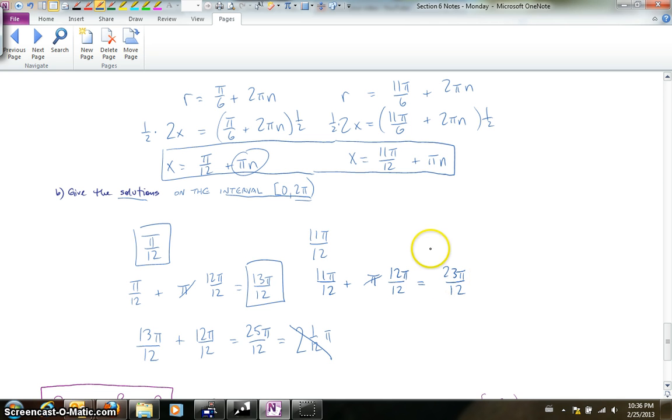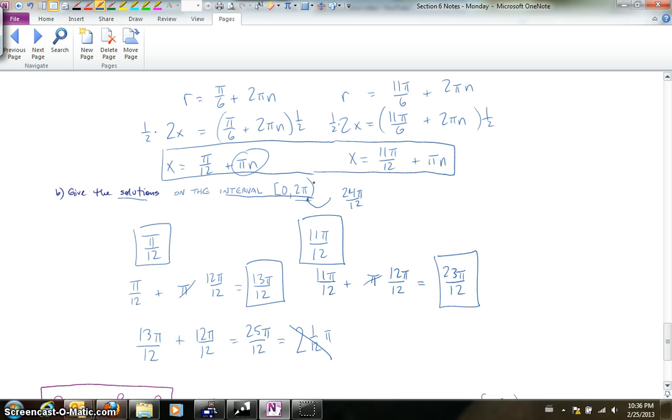Hopefully you recognize that is less than 2 pi, because 24 pi over 12 would be equal to 2 pi. Since I got 23 pi over 12, that's still in this interval. So that's another answer. This time we had 4 answers in this interval, 0 to 2 pi.